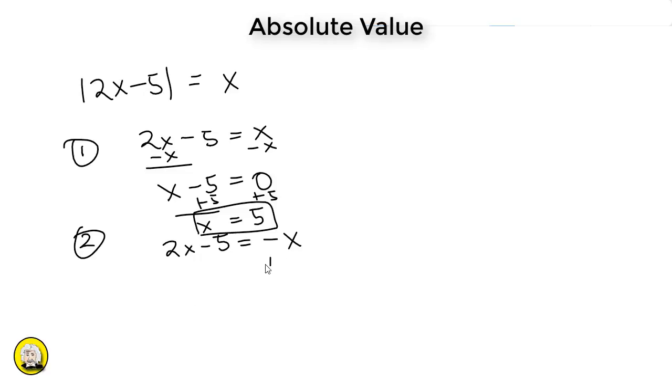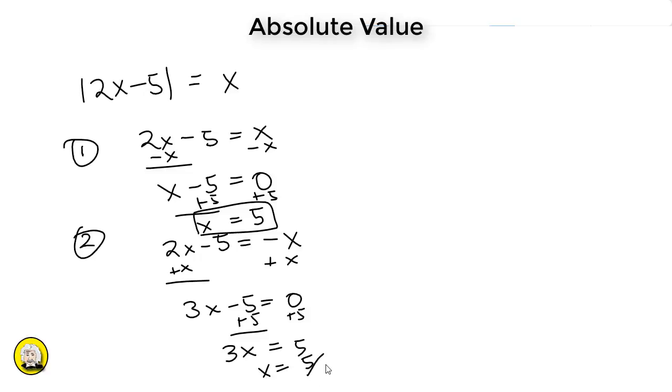Down here, on the negative case, I'll add x to both sides, the result of which will be 3x minus 5 equals 0. Add 5 to both sides. 3x plus 0 equals 5. X equals 5 divided by 3 after dividing by 3 on both sides. And that would be my second solution case.